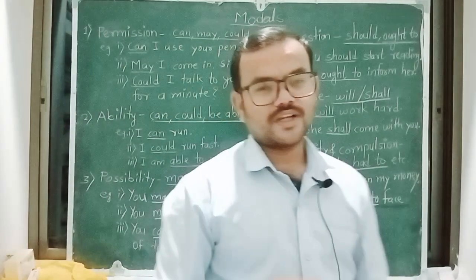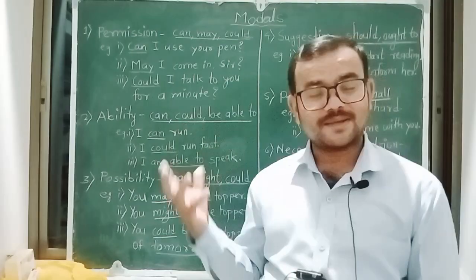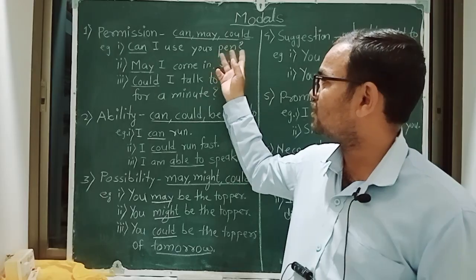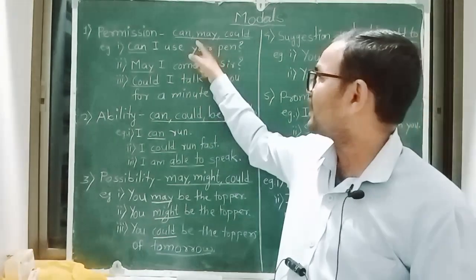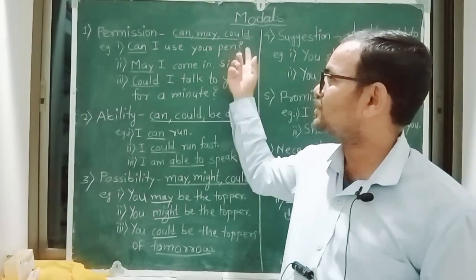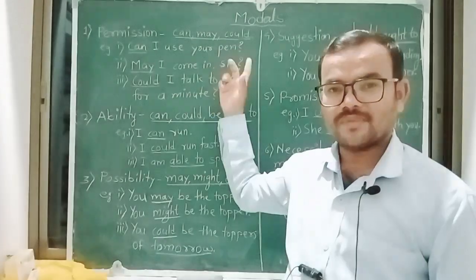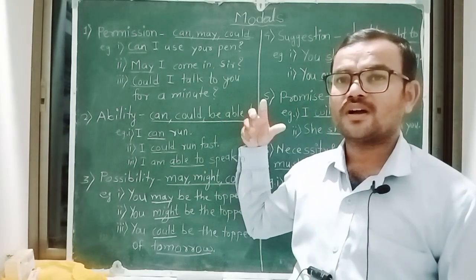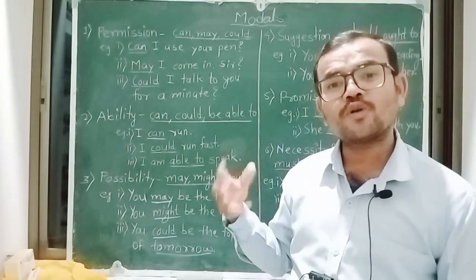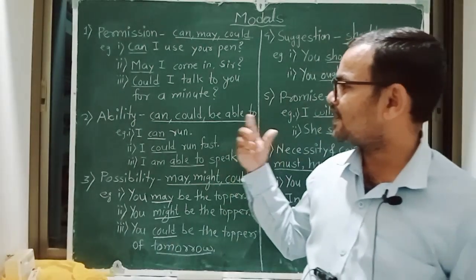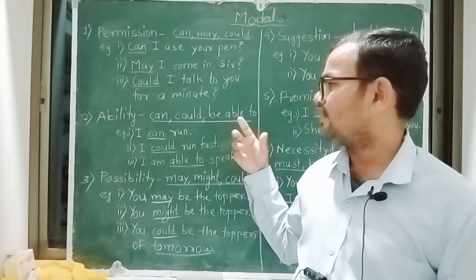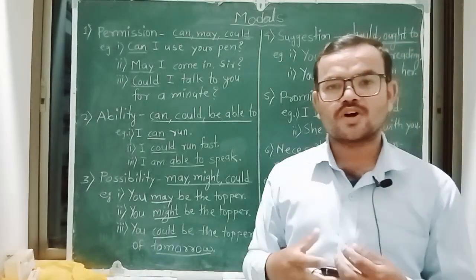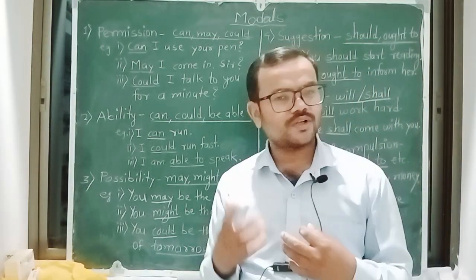Then we discussed modal auxiliaries expressing promise, will and shall. Whenever we find will followed by the first person pronoun, or shall followed by the third person pronoun, it expresses promise. Then we talked about modal auxiliaries expressing necessity and compulsion: must, have to, and had to.